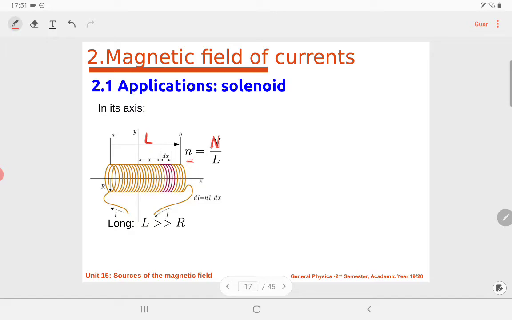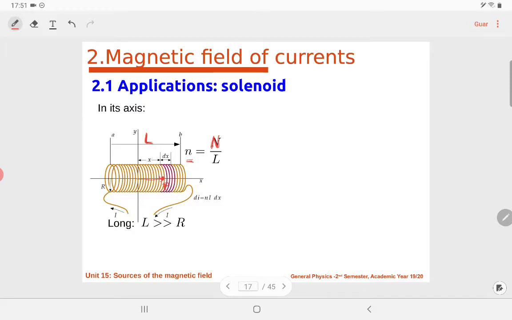Okay, so we can see the solenoid as constituted by many loops. So we can bring what we just learned from a loop and think that instead of having a loop, we have many loops, and we're going to integrate the magnetic field provided by many loops. Imagine that you want to know the magnetic field at point P here.